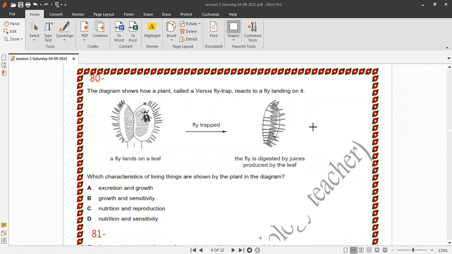Okay, 80. Ahmed Adil, can you answer 80? The diagram shows how a plant reacts to a fly landing on it. Here, what happens?